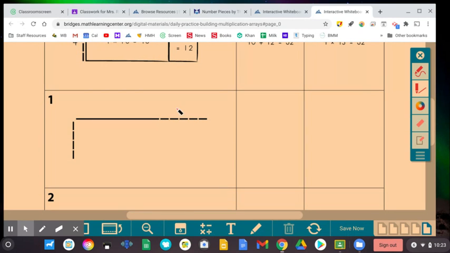Okay, so it says that we want to draw a box that is like about that long. And then there's this box that's about that long. And this side is 1, 2, 3, 4.